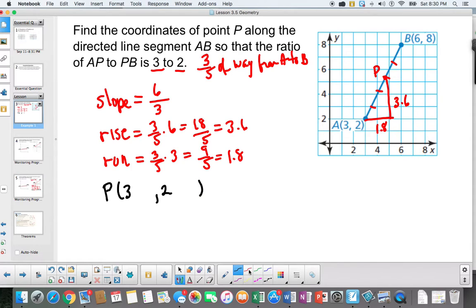Starting at 3, I go over 1.8, and starting at 2, I rise 3.6. That puts me at the point 4.8, comma 5.6. So this point right here is 4.8, comma 5.6.